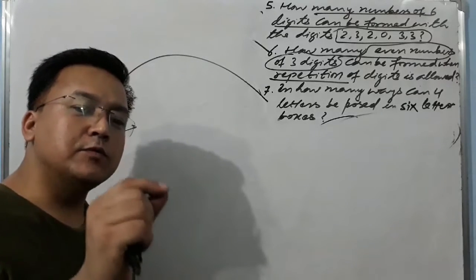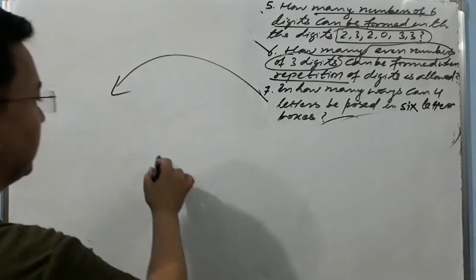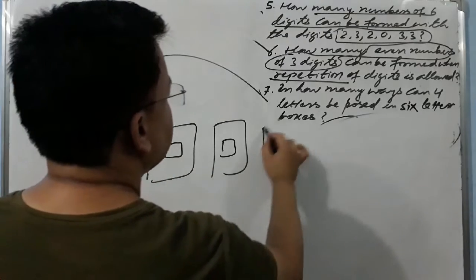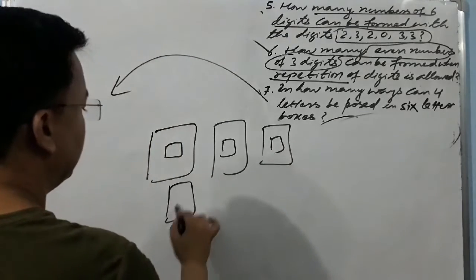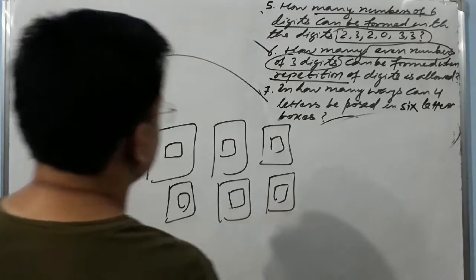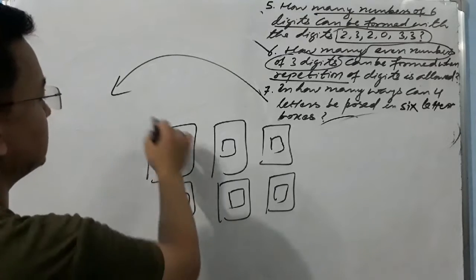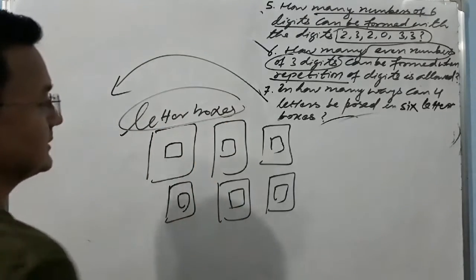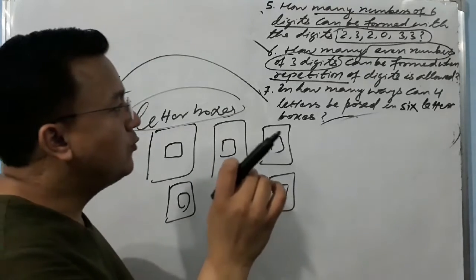So four letters are to be posted in six letter boxes. Let's suppose the letter boxes are 1, 2, 3, 4, 5, and 6. So we have six letter boxes, and we have four letters.